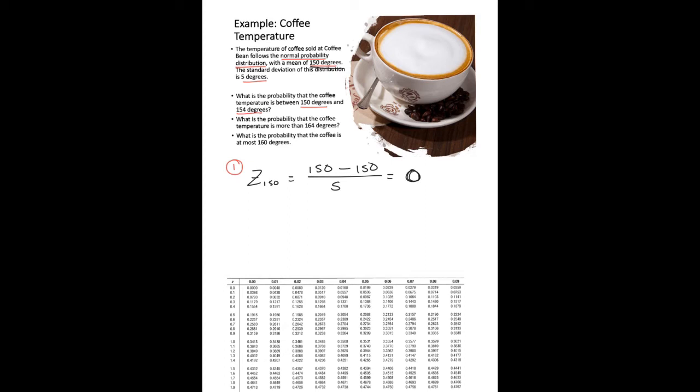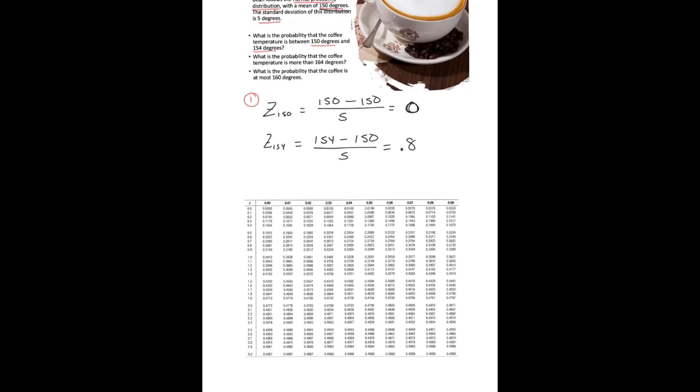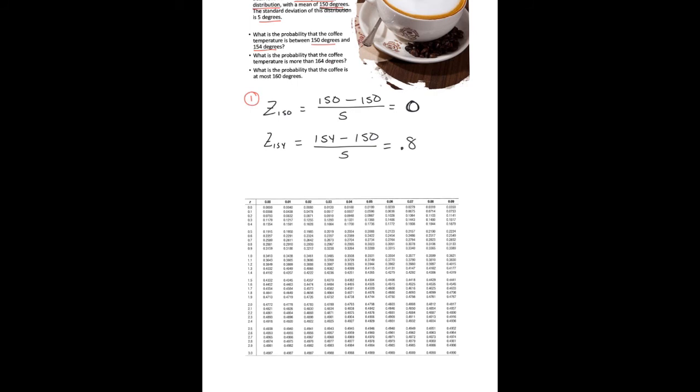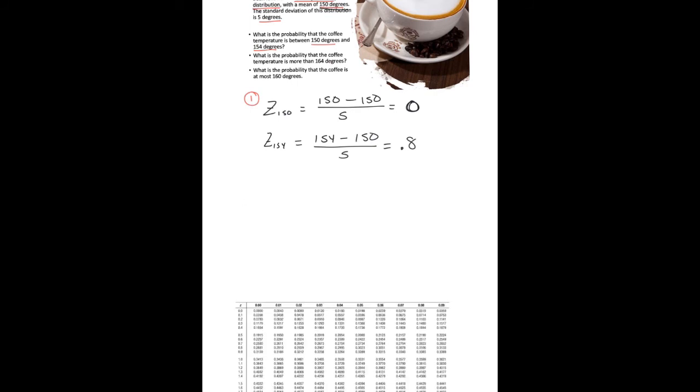So we're going to be looking for an area between 0 and some value. Now, second part is we need to find the z for 154, and that's going to be 154 minus 150 divided by 5, which is equal to 0.8 or positive 0.8. So that's step 1. Step 2. Now we draw the distribution.